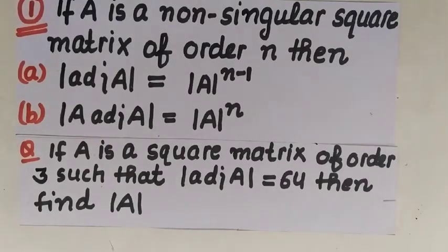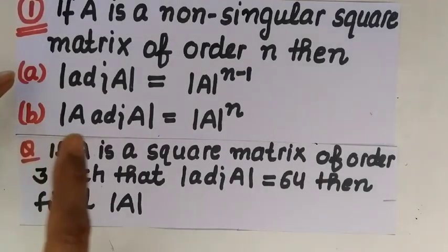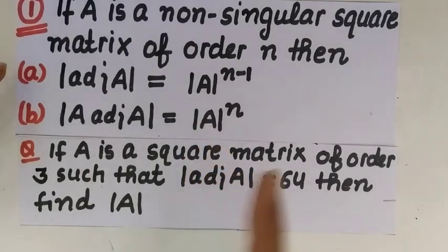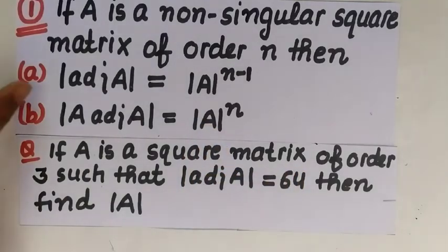Okay. So this question is based on the first part, that is, determinant of adjoint of A is equal to determinant of A whole raised to power n minus 1. So we will use our first property. So let us see.